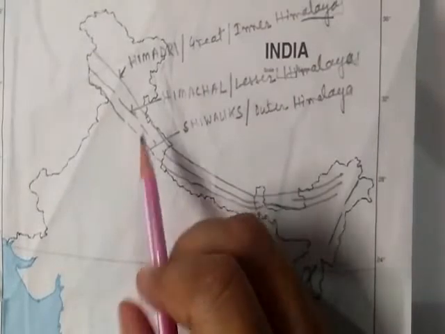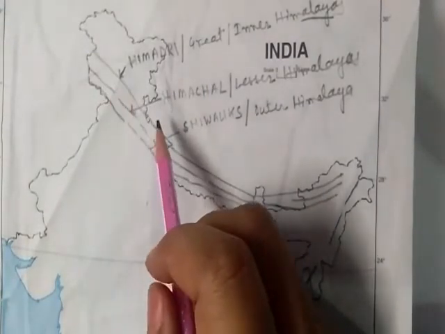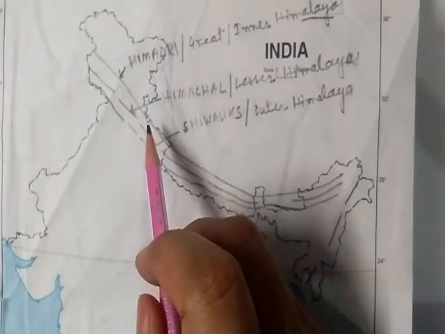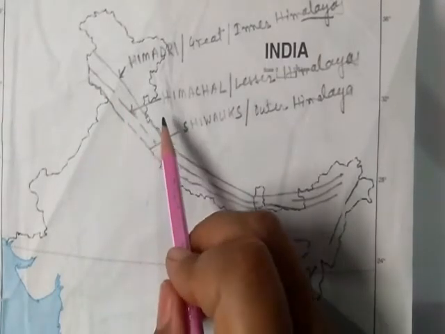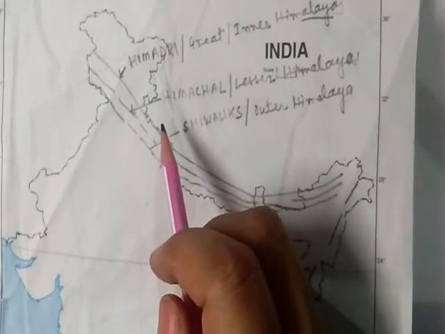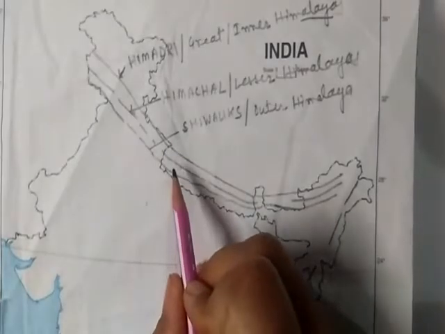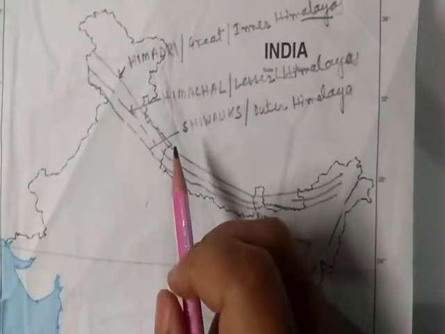Pir Panjal lies in Himachal Pradesh and Kashmir, and the Pir Panjal range forms the longest and most important range of the Lesser Himalayas. The Dhauladhar and Mahabharat ranges are also prominent. Mahabharat range lies in Nepal.